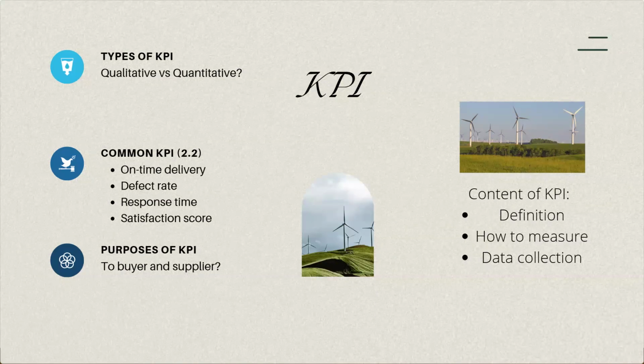And there are a few common KPIs like on-time delivery or defect rate or response time or satisfaction score. The KPI could be qualitative or quantitative. Qualitative KPI means we assess the KPI based on opinion, based on subjective assessment.